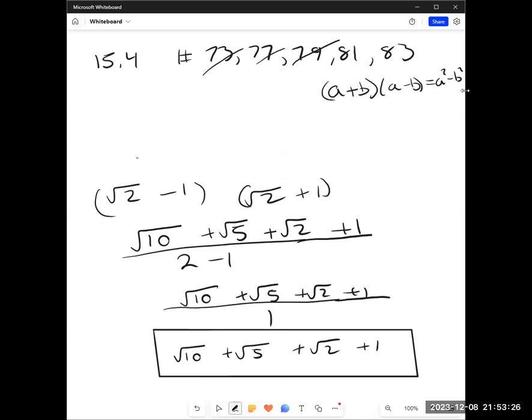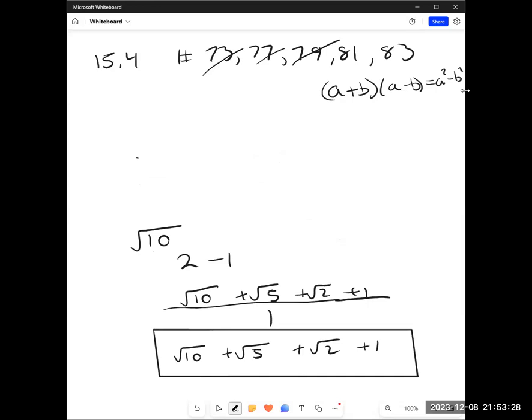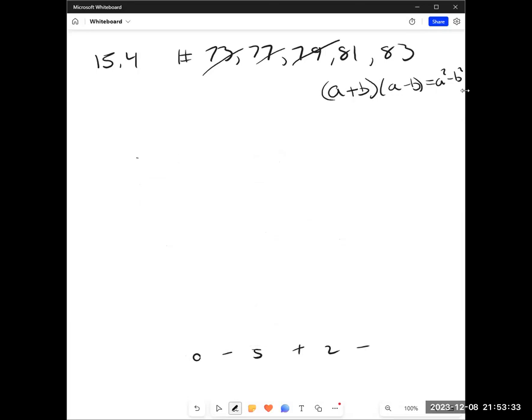Just a couple more here. Now we have 7 over 4 plus the square root of x, and we're going to assume that x is a positive real number.